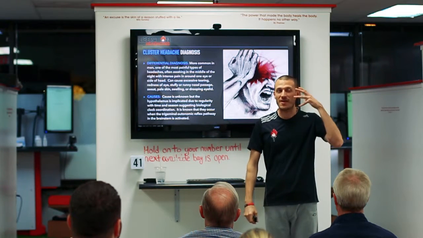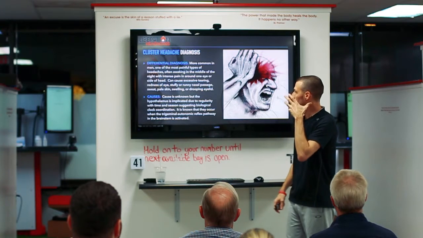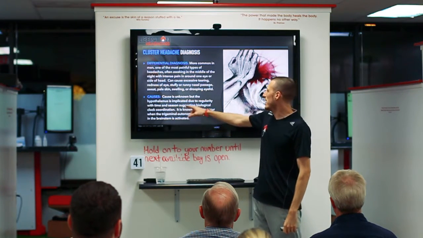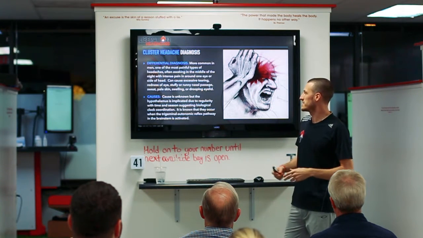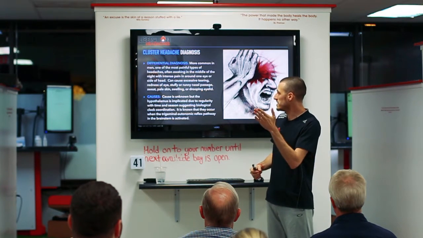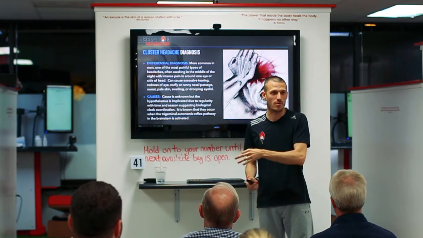It's causing every single thing that is controlled by the trigeminal nerve to go crazy. Okay, so of course, what do you find as far as cause? Cause is unknown, but the hypothalamus in the brain is implicated due to regularity with time and season, suggesting that it's somehow following biological clock coordination.